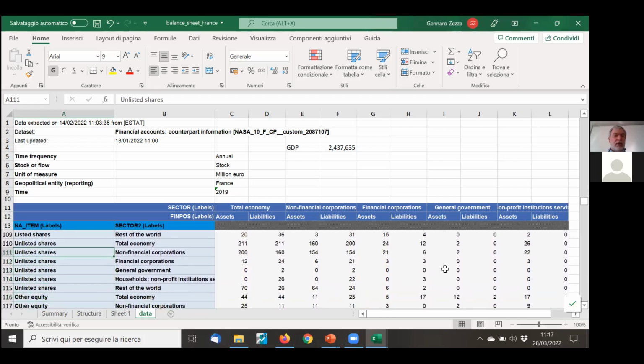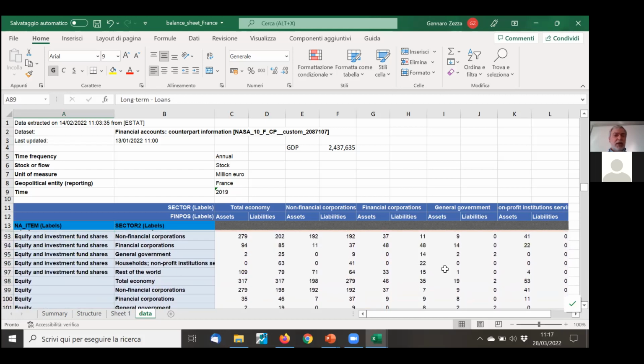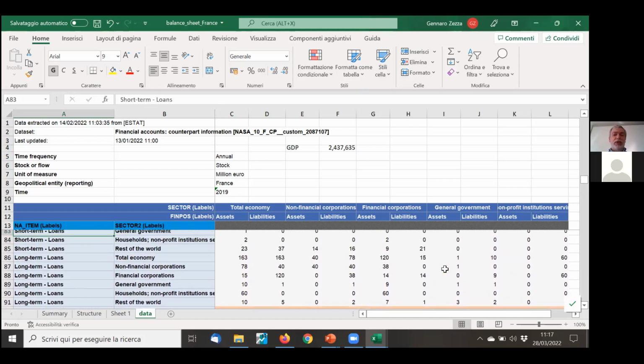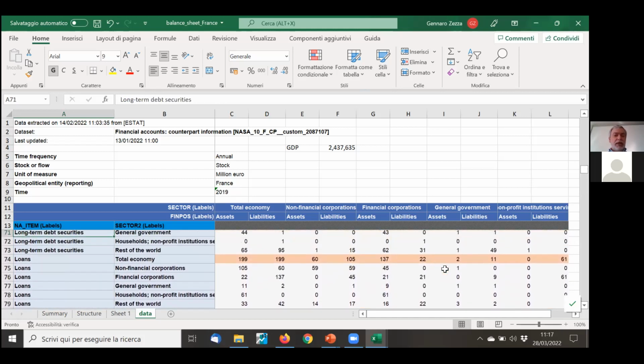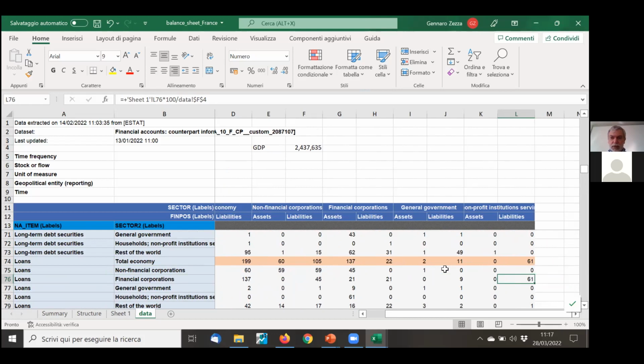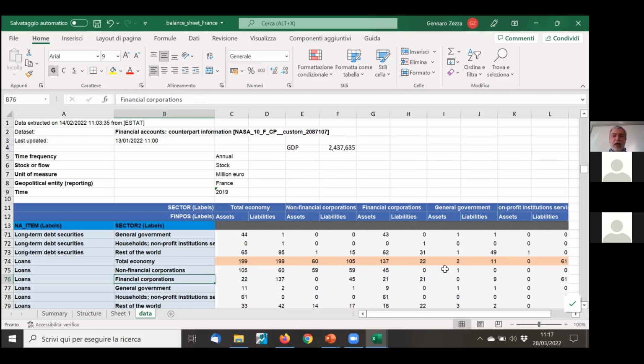So here, for instance, the unlisted shares are apparently a large amount that should be considered. Let's go to check the equity and investment fund shares are important. Let's look at the loans, and the loans are most relevant. Actually, here the non-profit institutions have a large debt in loans, and the other one is that of non-financial corporations.